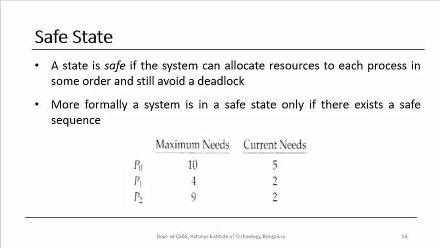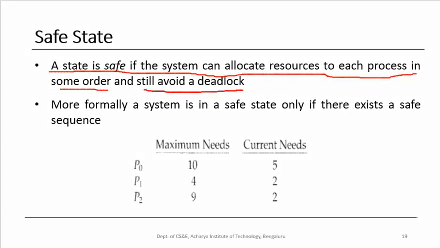A system's state is safe if the system can allocate resources to each process in some order and still avoid a deadlock. A more formal way of defining this is: the system is in a safe state only if there exists a safe sequence. Now let's try to understand this with an example.